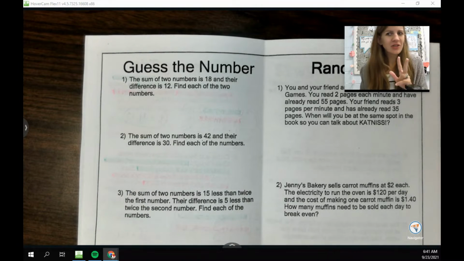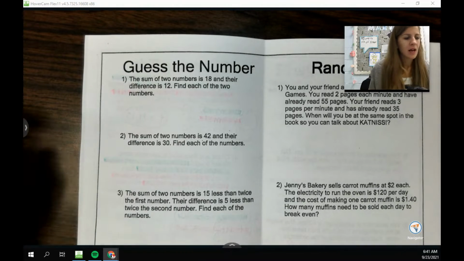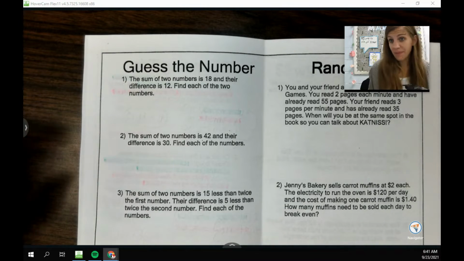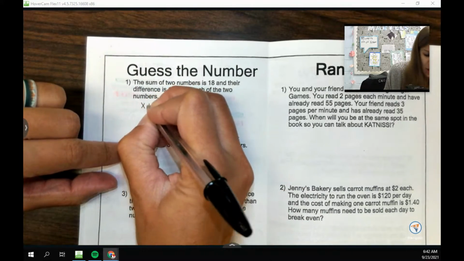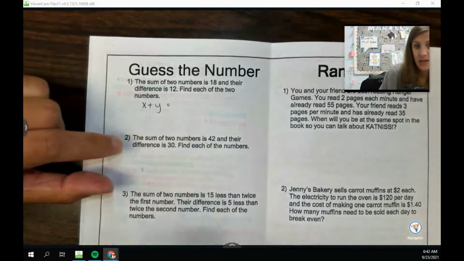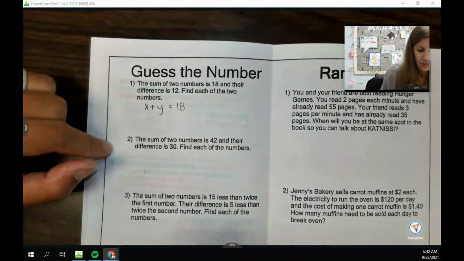And knowing just those two things, you can figure out what the mystery numbers are. And that's because I can write an equation for it. The sum of two numbers means that I'm adding up two numbers. I don't know what they are, so I call them x and y. And I got 18 apparently.